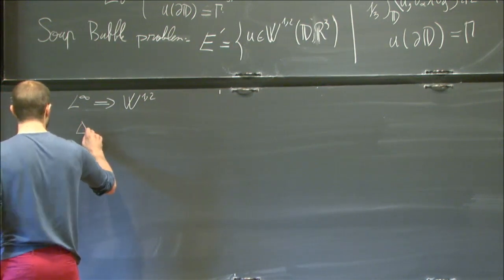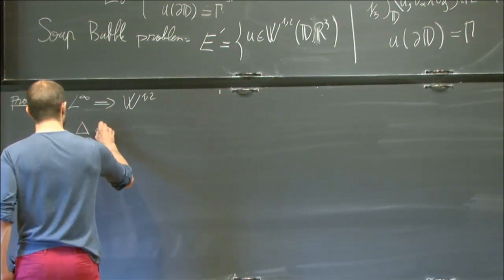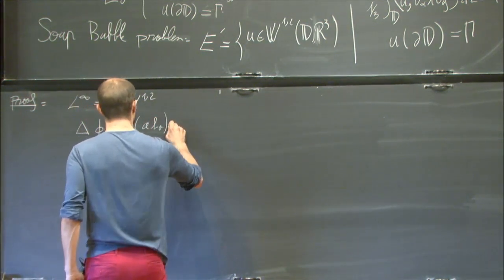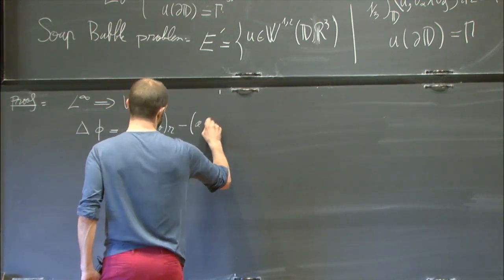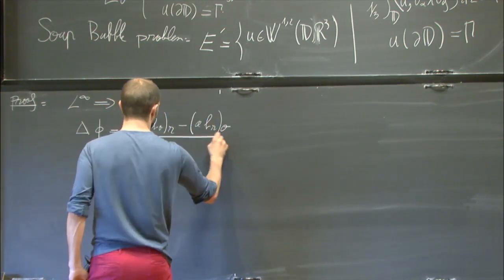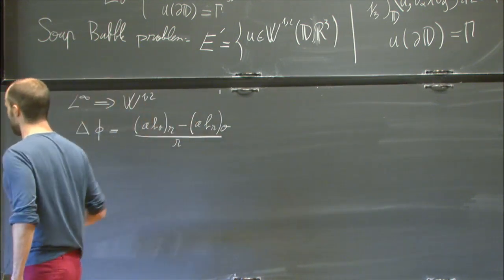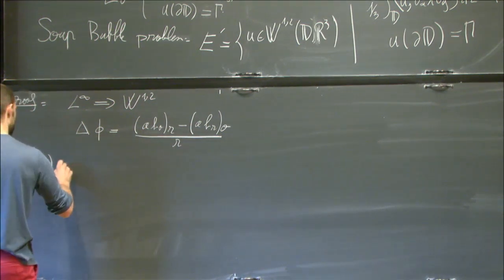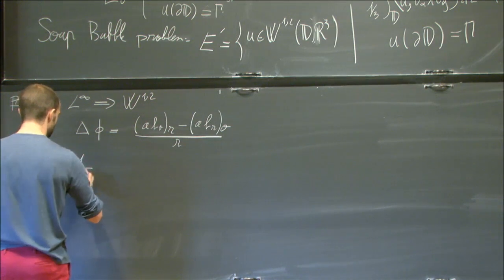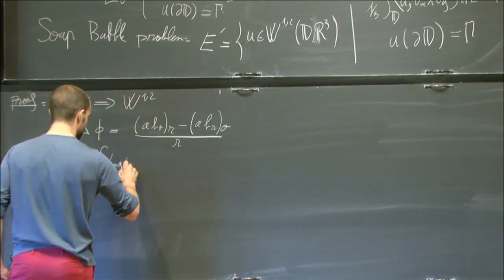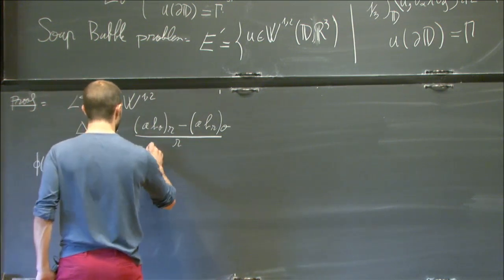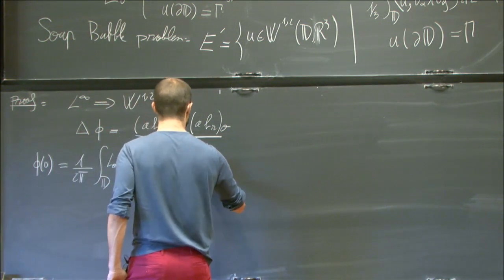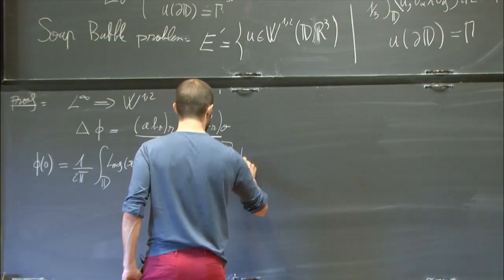For this, we have to take advantage of the Jacobian structure. So we rewrite the right-hand side as A_r B_theta minus A_theta B_r over r, in polar coordinates. We make appear some divergence structure. And then we are able to compute the value of phi at 0 by using a Green formula: A_theta B_r minus A_r B_theta dr d theta.